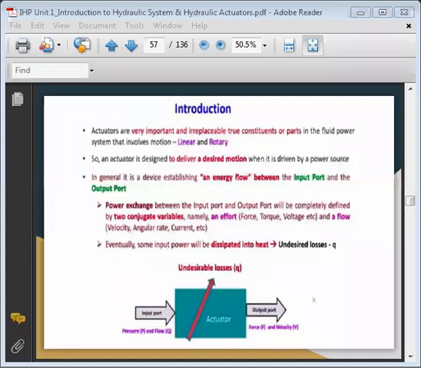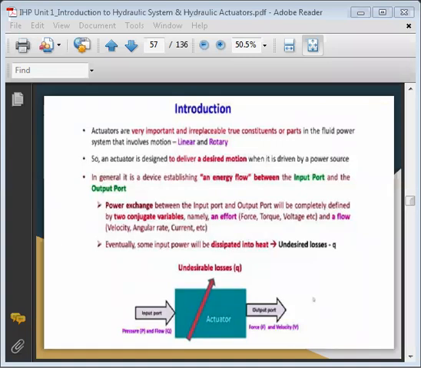In general, an actuator is a device establishing an energy flow between your input port and your output port. The power exchange happening between the input port and output port is completely defined by two conjugate variables, named effort and flow. Here effort means what?